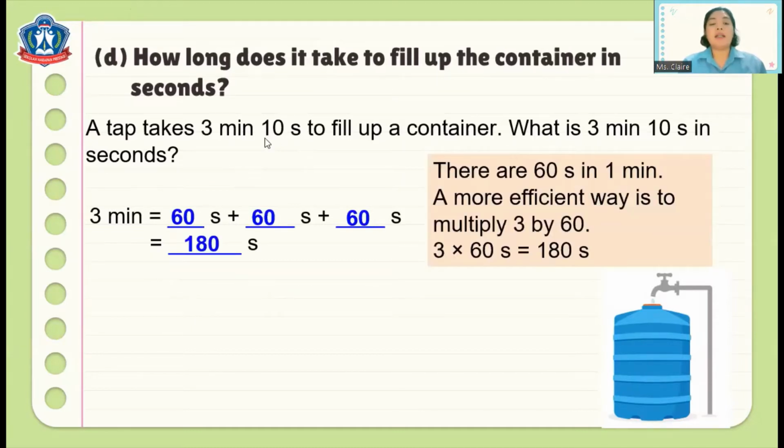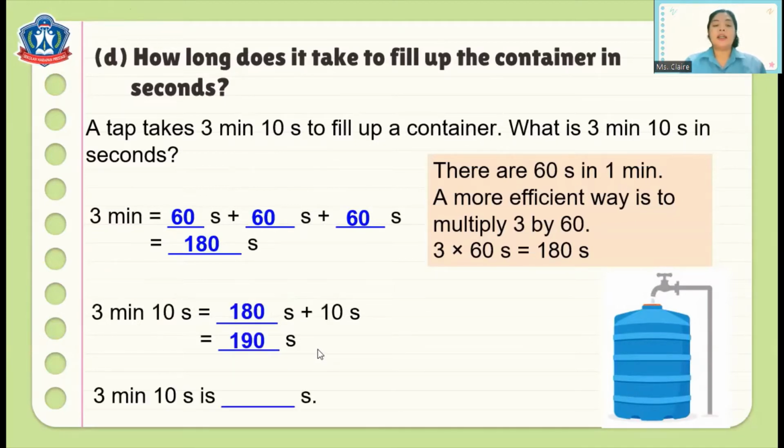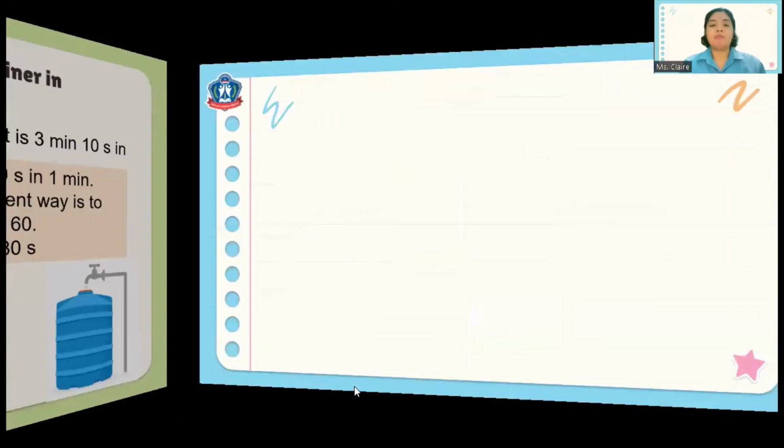Then we have another 10 seconds here. So we will add 180 plus 10. The total is 190 seconds. So 3 minutes 10 seconds is equal to 190 seconds.